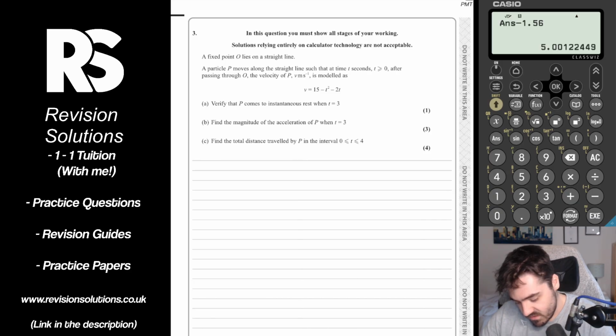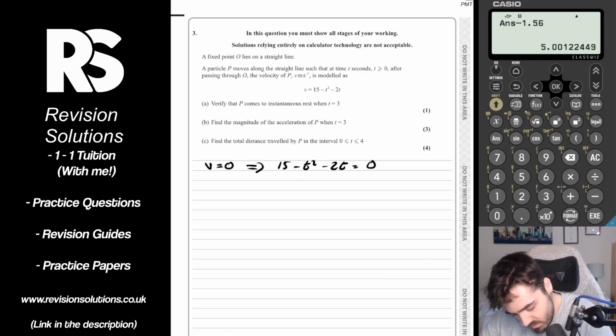Part A is asking about instantaneous rest. So that's actually a question for the velocity function. If we're at rest, our velocity is 0. We just need to solve for when v equals 0. That would say 15 minus t squared minus 2t equals 0. I don't like looking at negative quadratics, so I'm going to move this around and say it's t squared plus 2t minus 15 equals 0.